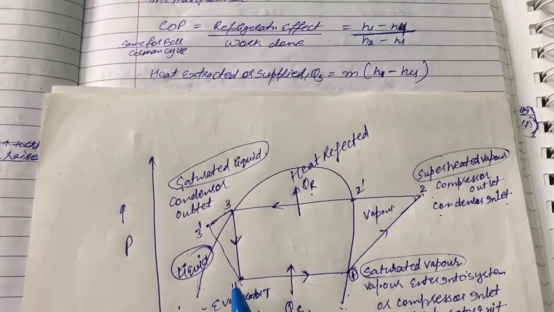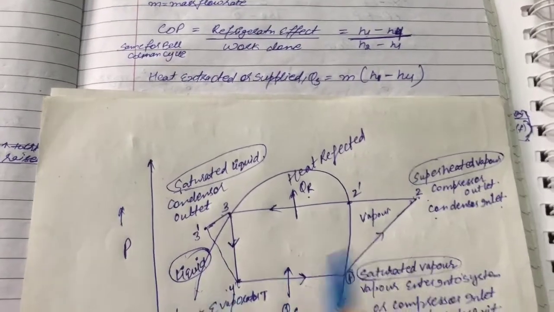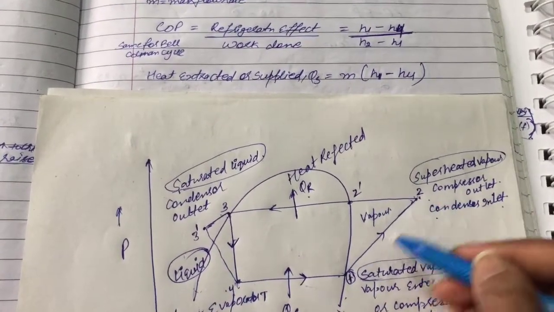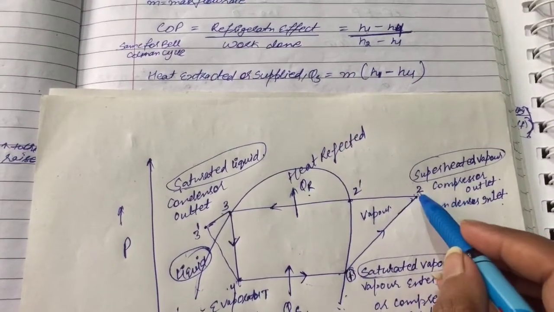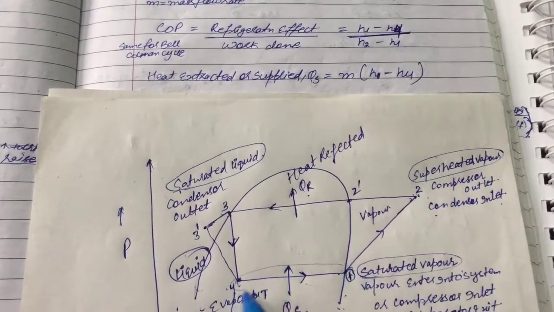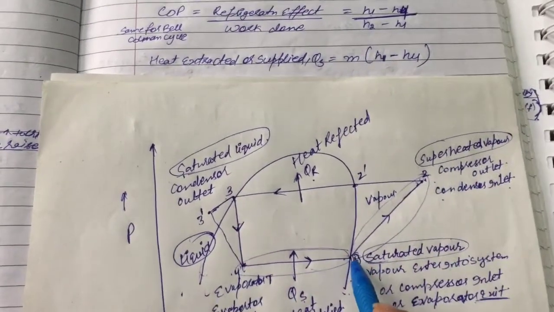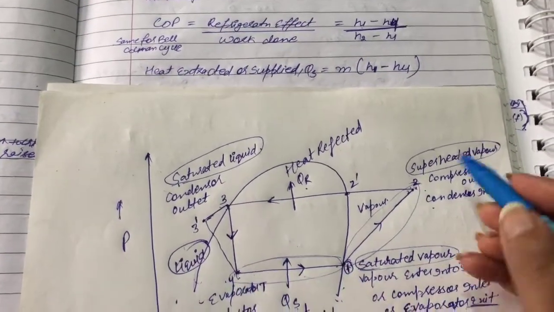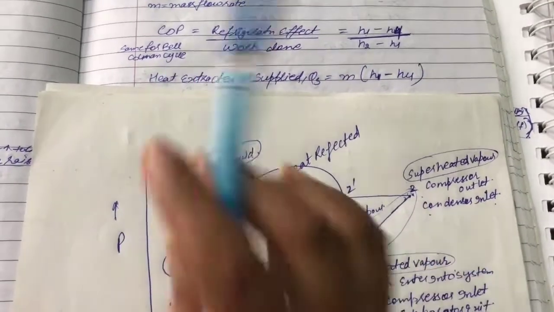So this is the refrigeration effect by work done. Work done is H2 minus H1. This portion is the refrigeration effect and this is our work done. So (H1 minus H4) upon (H2 minus H1) would give us COP.